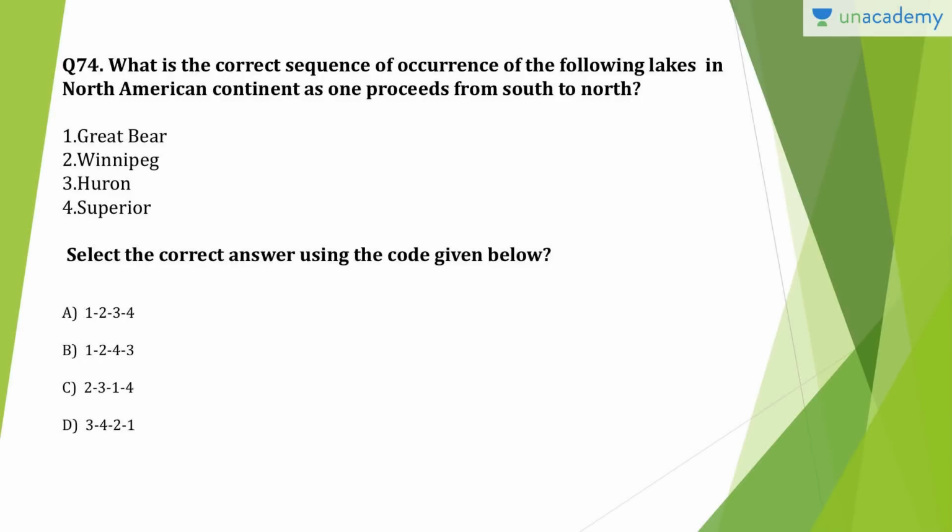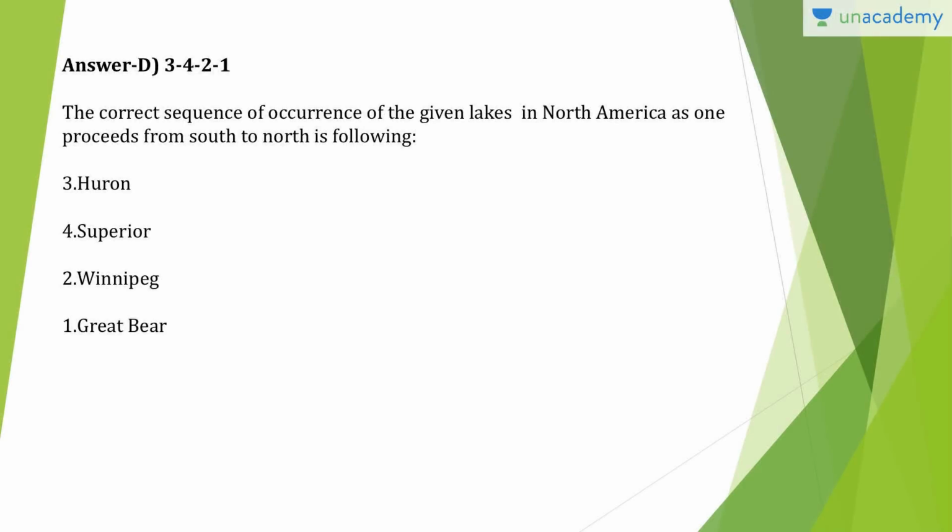So answer here becomes D. The correct sequence of the given lakes in North America from south to north: first of all, remember HOMES. Huron, Ontario, Michigan area, and Superior. These are basically the Great Lakes, and they lie on the border of Canada and USA. Winnipeg and Great Bear are definitely not among the Great Lakes. So answer here is 3, 4, 2, 1.